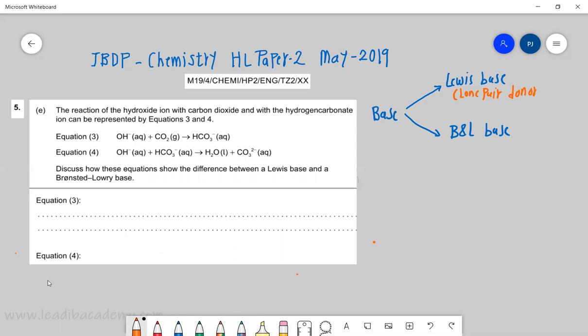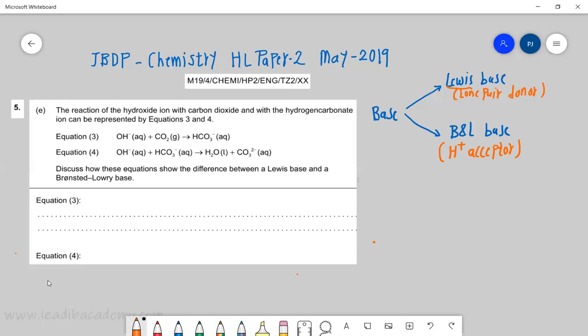A Bronsted-Lowry base is a proton, H+, acceptor. This concept has to be crystal clear. The clear-cut definition should be known, then you can easily solve.